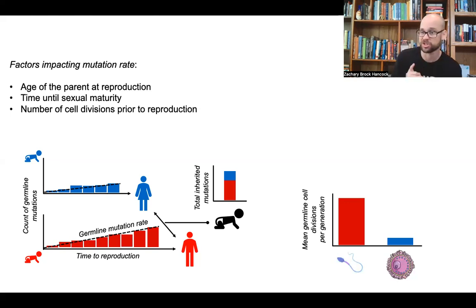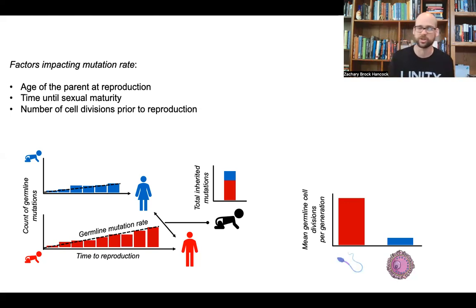The most explanatory is the difference in male and female gametes. Male gametes in vertebrates are small and motile, whereas female gametes in vertebrates are large and immotile. So they don't move and they tend to be bigger. Because of this, males tend to produce a lot more gametes than females do. What this means is that males undergo a lot more cell divisions in their germline than females tend to undergo.